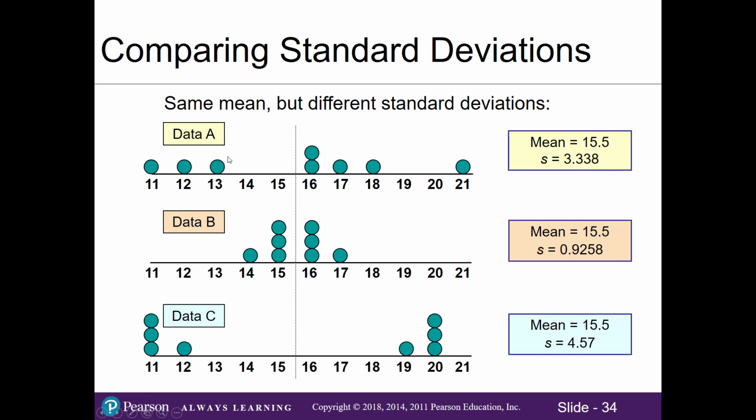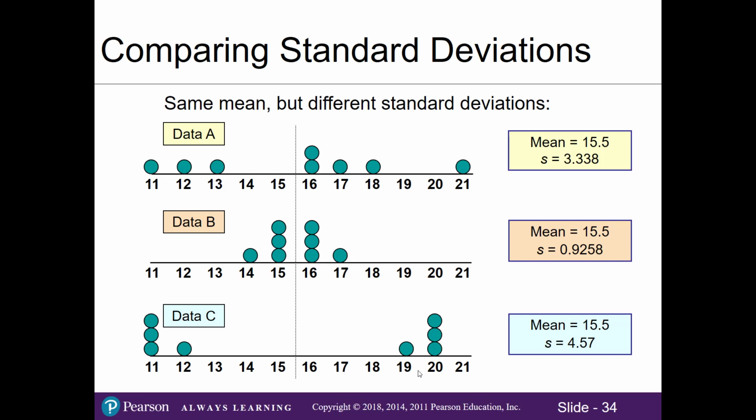So we can see our spread in data A and C is much wider than that of data B. In data B, all our data points are very close together. And when you compare data A versus data C, C has more spread because it has more data points further away from the center.